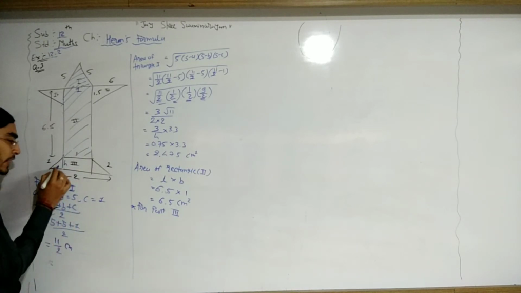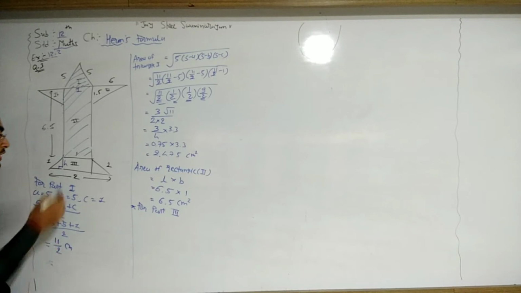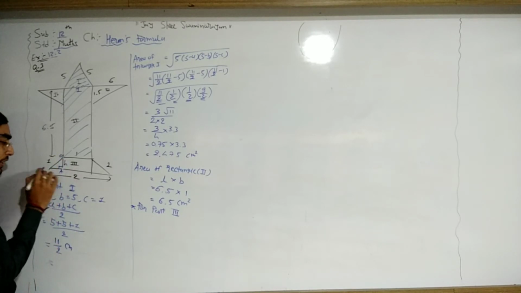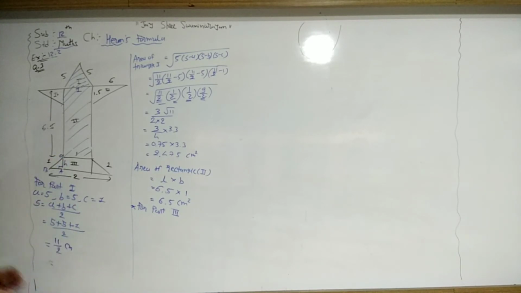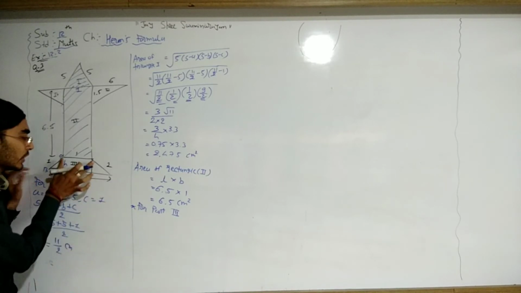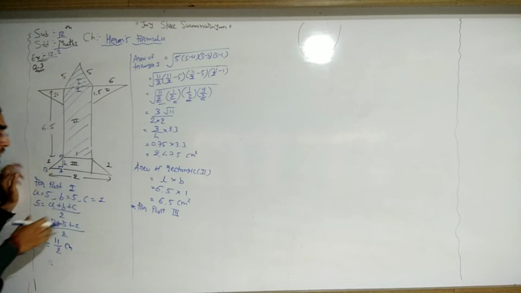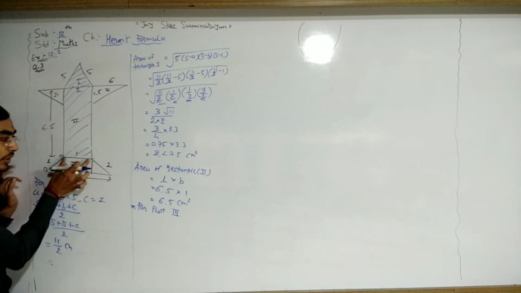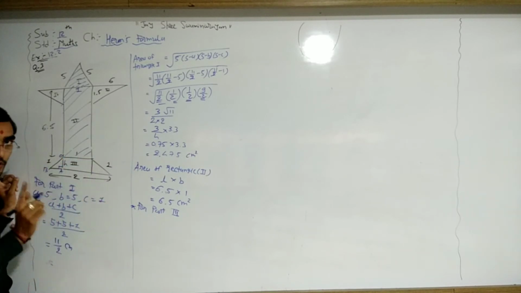For that, here we have one right angle triangle. Let's name it O, A and B. In that, the full side is 2. Out of this, up to this, we have the measurement 1. Full side 2, here 1, so 2 minus 1 is 1.